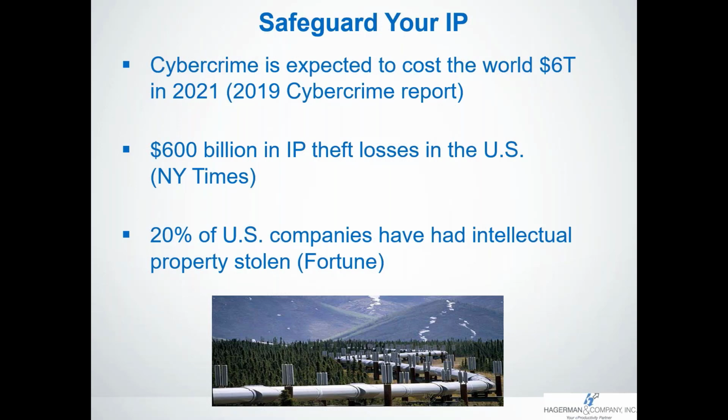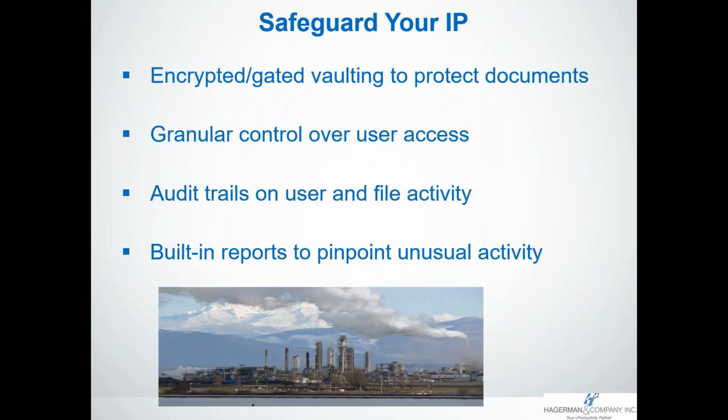Narrowing down to IP theft in the U.S., that's now estimated at about $600 billion a year. And as of a couple of years ago, 20% of U.S. companies have had intellectual property stolen. And unfortunately, that's growing rapidly. So how can an engineering document management system help with that?